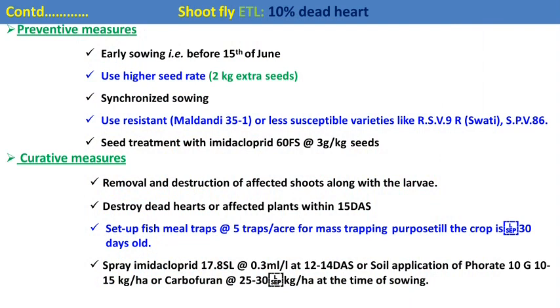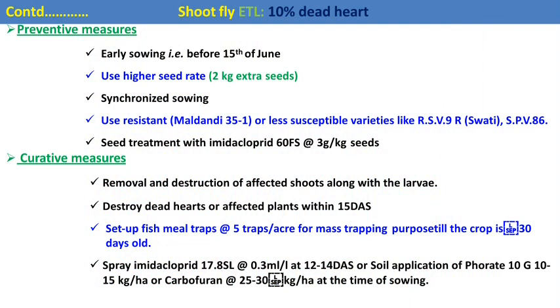Synchronous sowing is also used to reduce shoot fly infestation. Then you can use resistant varieties like Maldandi 35-1, which is resistant against the sorghum shoot fly, or less susceptible varieties like Swati or SPV 86. Before sowing, use imidacloprid as a seed treatment at the rate of 3 gram per kg of seeds.